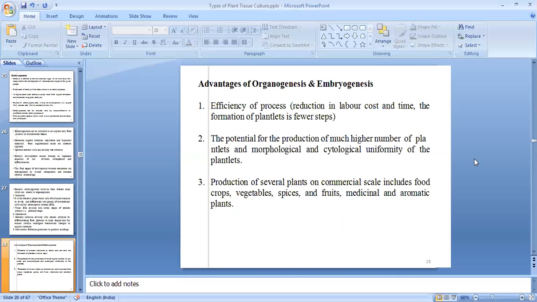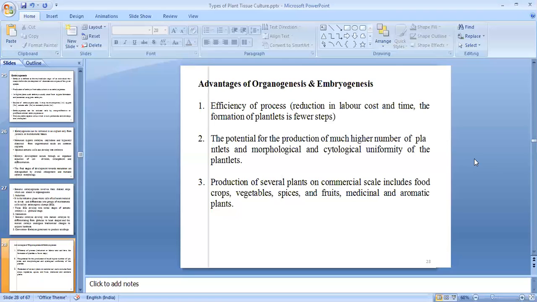And apart from that, several plants can be produced on commercial scale, which can be useful in the production of food crops or vegetable species or fruits, and also the production of plants with high medicinal values, and also aromatic plants can be produced by this organogenesis or embryogenesis.